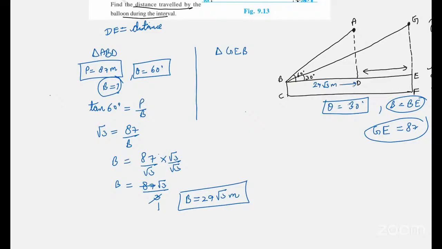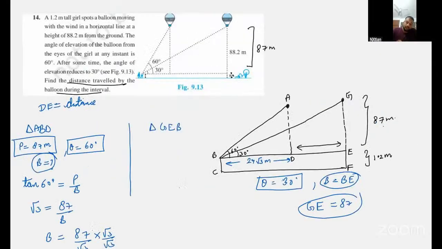Sir, I didn't understand how you draw the diagram. How do I draw the diagram? I just draw like this is the point, this is the point. This is the girl, and I took the height of the girl. Then this point is this, like that.